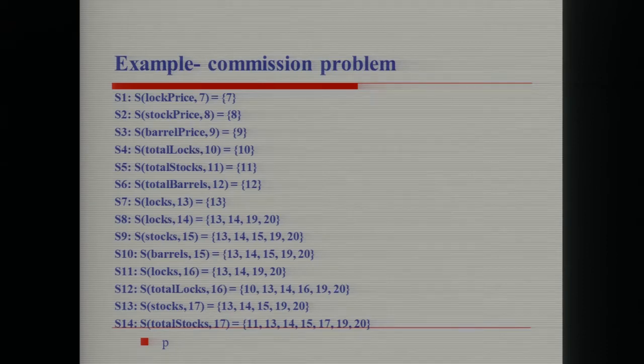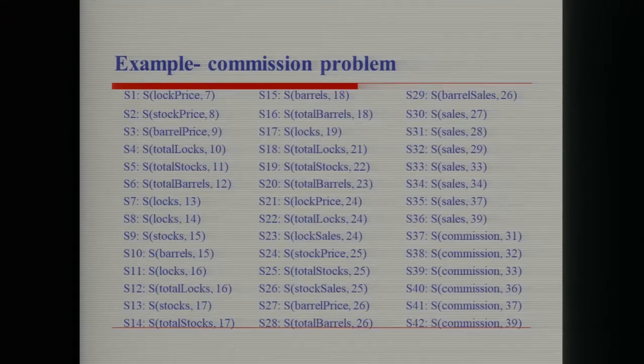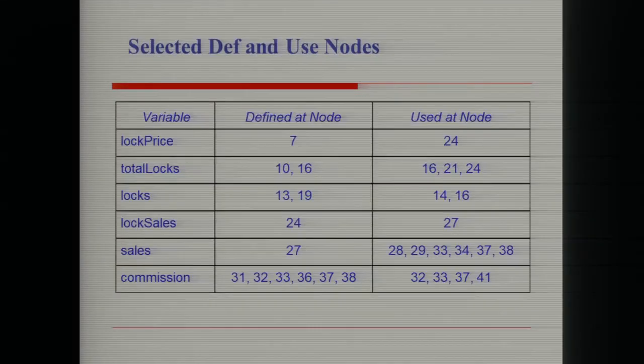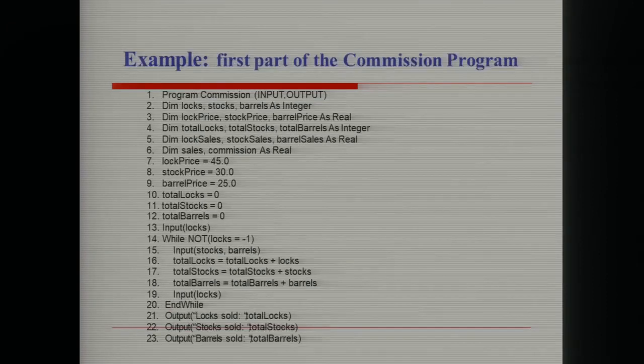Now you see here 7, 8, 9 in the program. Seven, it is through assignment. 45 is assigned to the log price, so it is defined, that is def A, defined by assignment.